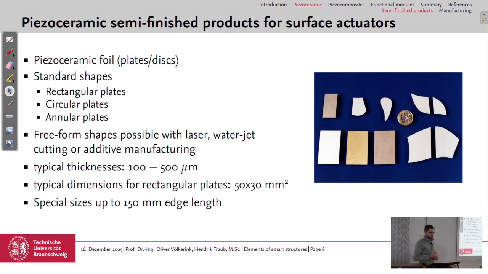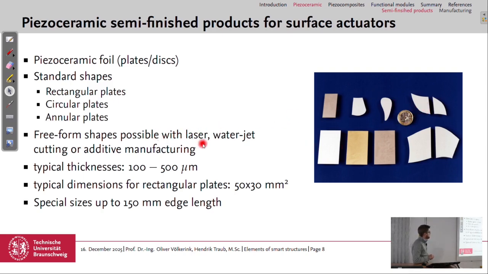Piezoceramic semi-finished products for surface actuators for these functional modules can come in plates or thin films or discs, so rectangular plates, circular plates, or annular plates, like shown here, different shapes of these thin plates, and freeform shapes, like for example these ones, are also possible.